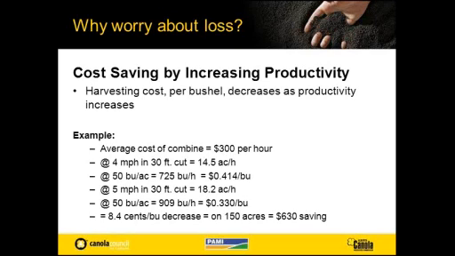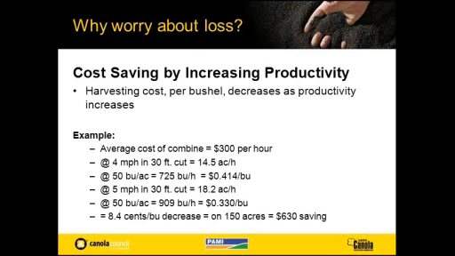And just a quick example shows how going from 4 to 5 miles an hour in a 30-foot cut could drop your operating costs by about 8.4 cents per bushel. So that's a savings on 150 acres of about $630, which is not insignificant.